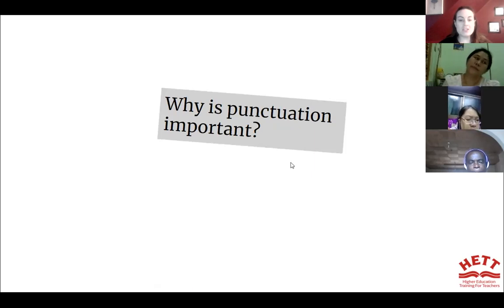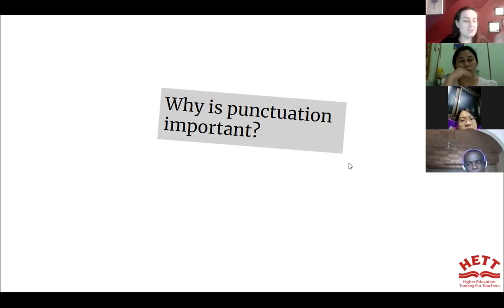Why is punctuation important? Knowledge-based, yes. So there's kind of a correct or incorrect answer to this. It's only relevant in reading and writing, not in the general sense.